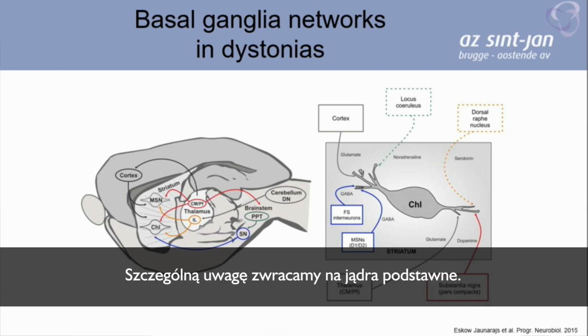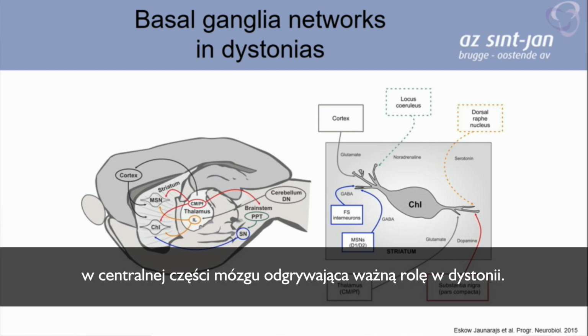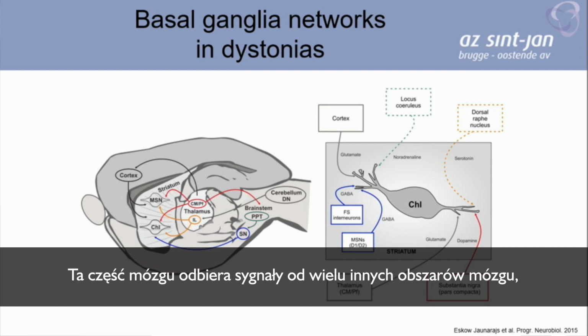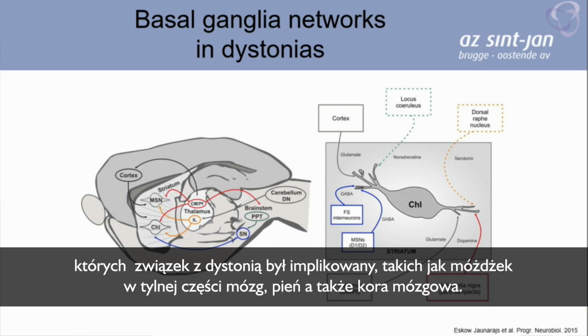We know that especially the basal ganglia, so that's a structure with different nuclei in the middle of the brain, is very important in dystonia. And this part of the brain receives signals from a lot of other brain areas that have been implicated in dystonia, like the cerebellum at the back of the brain stem, and also the cortex.